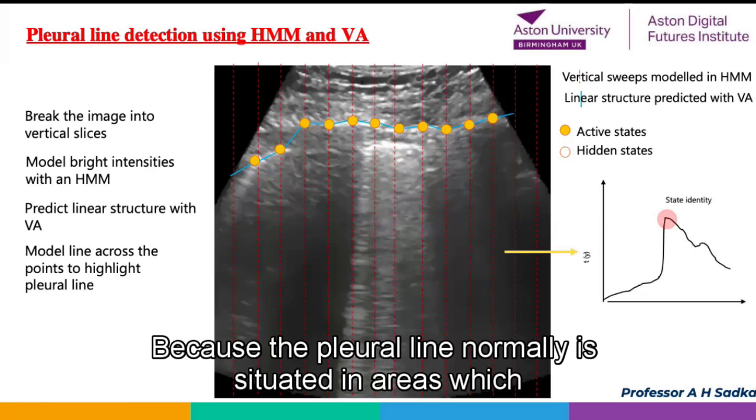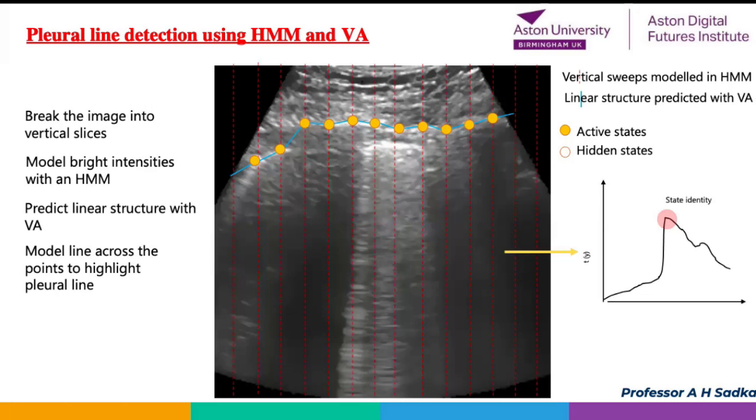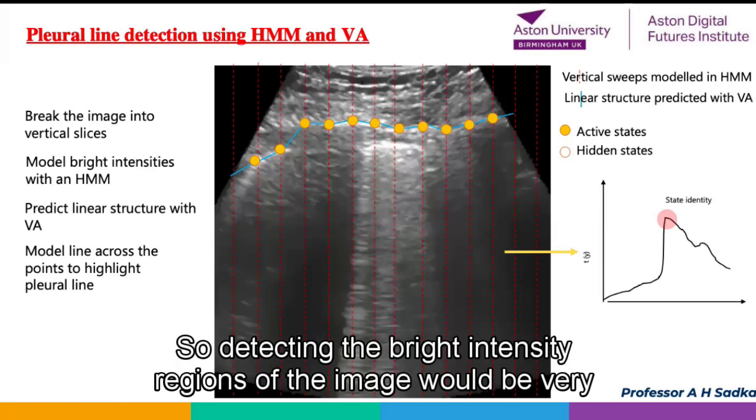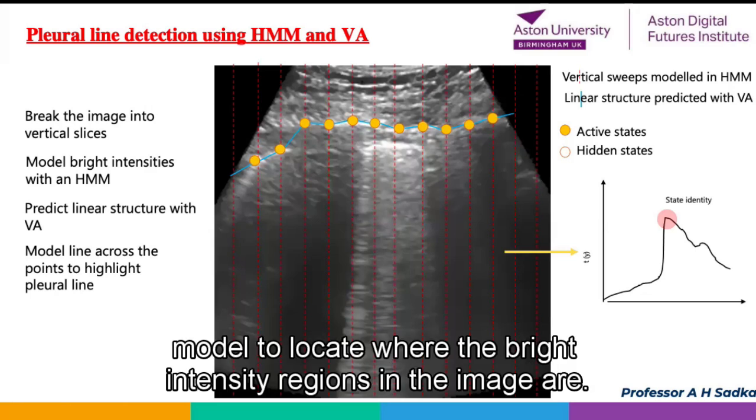Because the pleural line normally is situated in areas which have very high intensity levels. So detecting the bright intensity regions of the image would be very helpful. So we've used this HMM model to locate where the bright intensity regions in the image are.